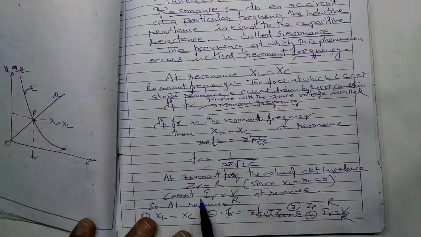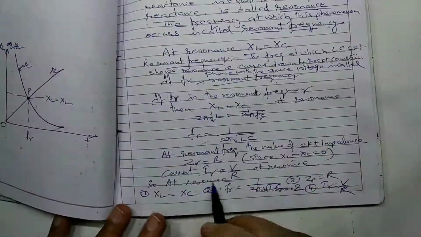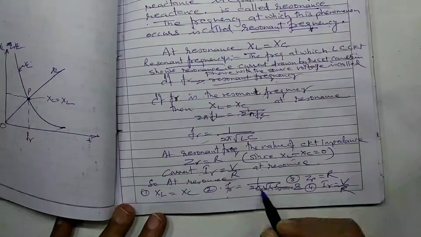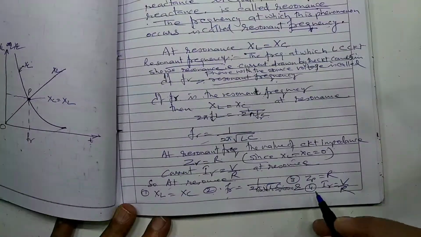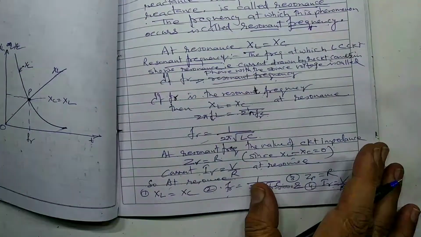So current Ir is equal to V upon R at resonance. So at resonance: first, XL is equal to XC; second, fr is equal to 1 upon 2 pi root LC, that is the resonant frequency; third, Zr is equal to R; and fourth, Ir is equal to V upon R. So these are the conditions of resonance.